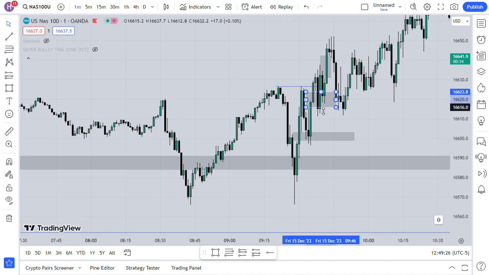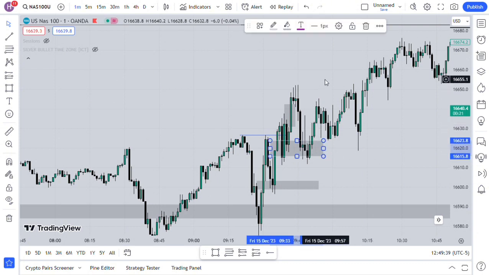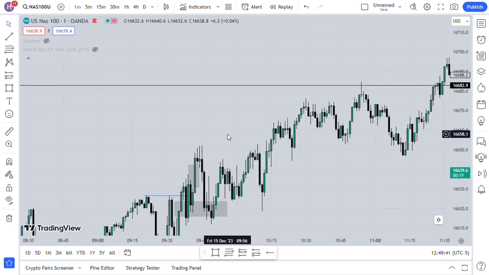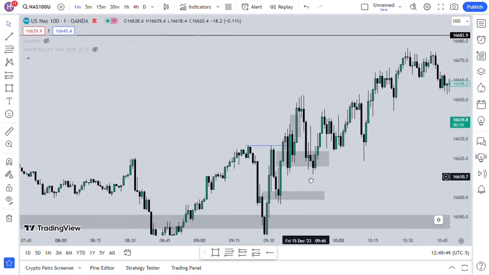There's another fair value gap down here. It retraced to this fair value gap and ran upwards immediately, retraced again, then finally went and took out this high and eventually reached the profit. Here we could use these fair value gaps to get the trade.